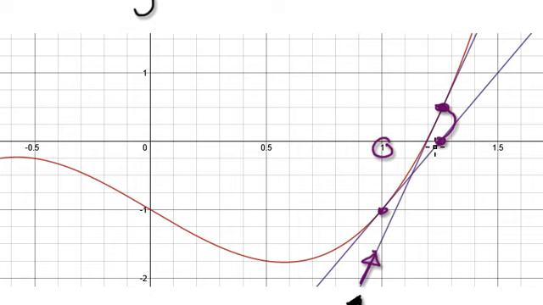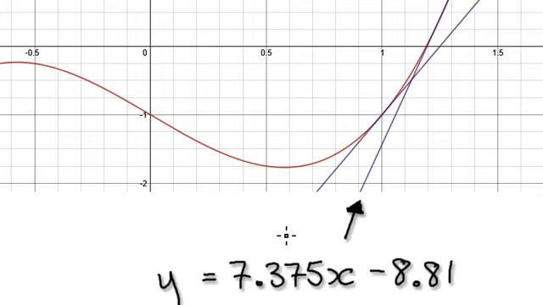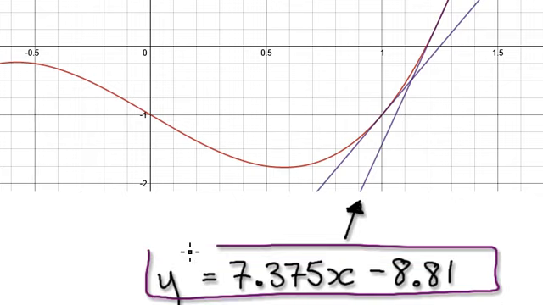You can see, well, I don't know if you can see, but the true solution is right here. Our tangent line is this one here, right next to it. You can see it's converging to the true solution. Anyway, the equation of our tangent line is given by this here.